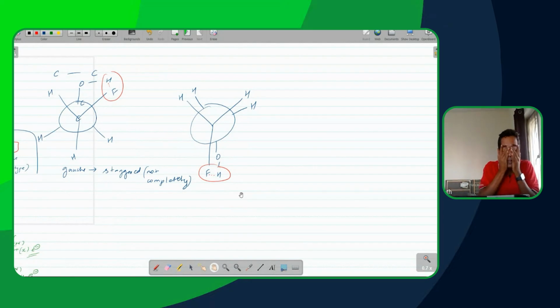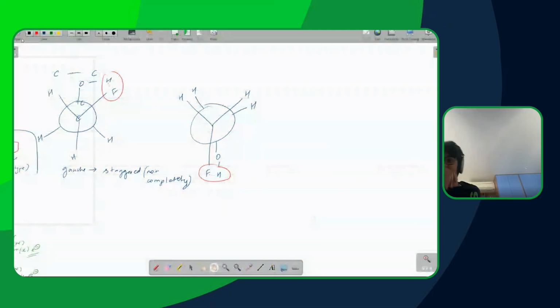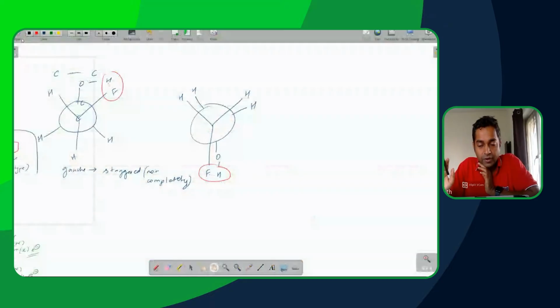Okay, let's come back to this. I'm assuming this is properly clear now, and you'll not come back to this again. So whenever you have intramolecular hydrogen bonding possible between two neighboring carbons, you're going to have the gauche conformation being the best possible one. Why? Because it is not just that the hydrogen bonding is as good as possible.